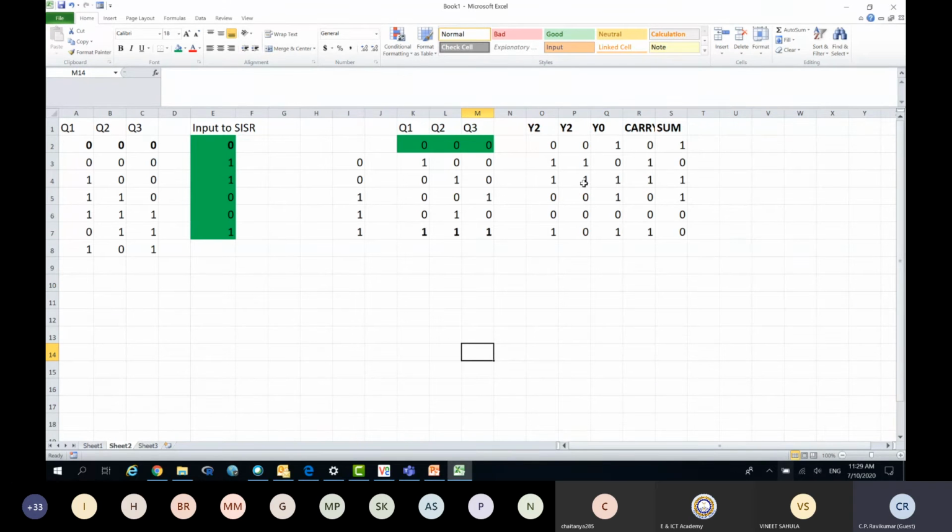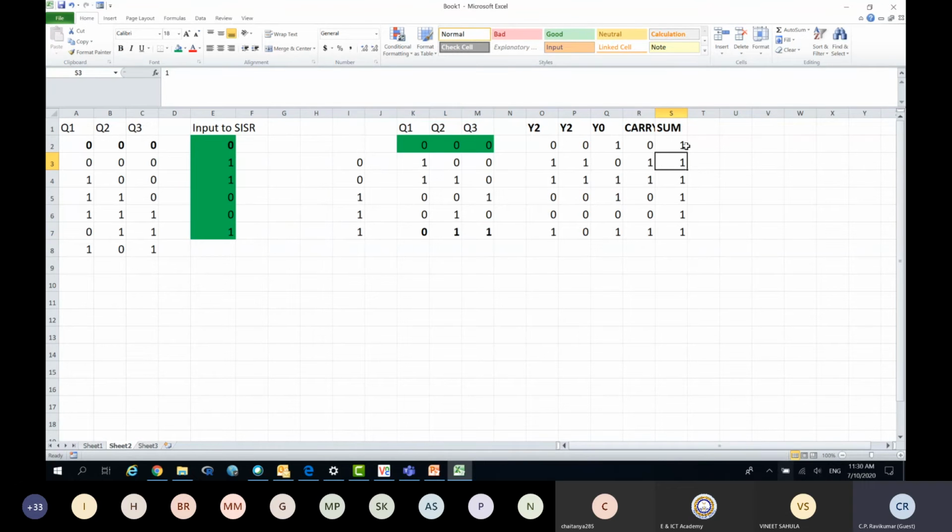And if there is an error in the circuit, because of which the sum is always 1, notice that the output changed here. This is the faulty signature. But if it's a correct simulation, right?